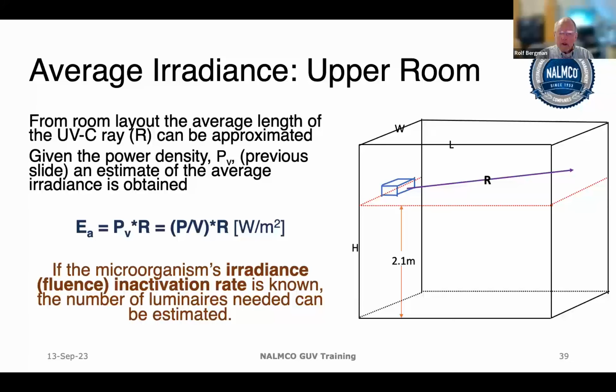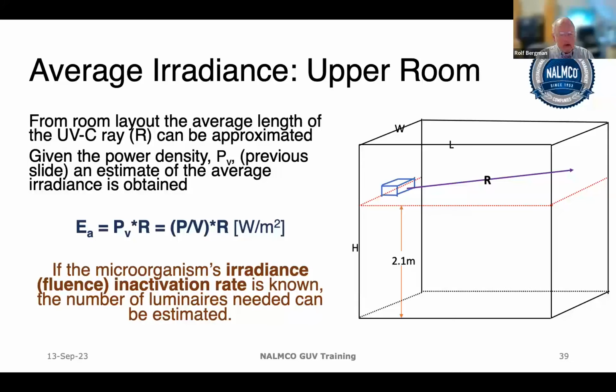But note that R changes as I move along the wall horizontally, and as I hit the side wall, it becomes shorter. As I go toward the corner, it gets longer. So we need to average that, and that's not so easy.